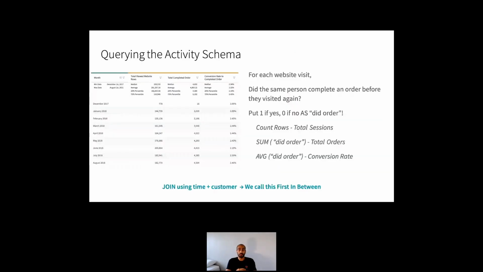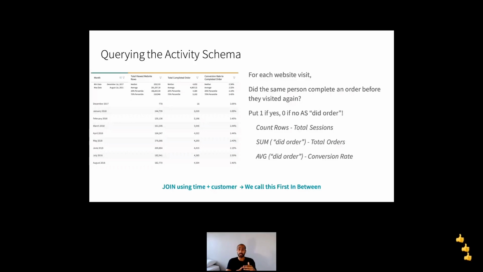So let's think about how to use it. When it comes to using this table, you have to query it a little differently. If you're trying to create that example of every month, how many total website views and total orders and the conversion rate, what you're going to do is go through every single activity that is a website visit and look at that activity and see if someone completed an order after that activity before they visited the website again.